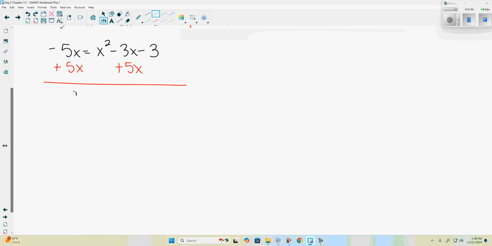To get it equal to 0, we'd add 5x to both sides, telling us 0 is equal to x squared plus 2x minus 3.